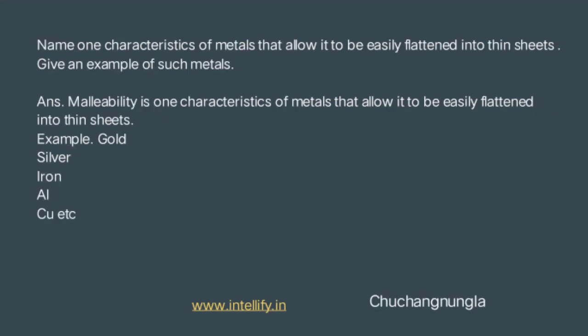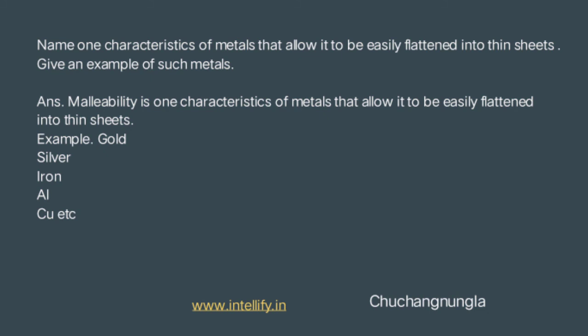Name one characteristic of metals that allows them to be easily flattened into thin sheets. Give an example of such metals. So, malleability is one characteristic of metals that allows them to be easily flattened into thin sheets.